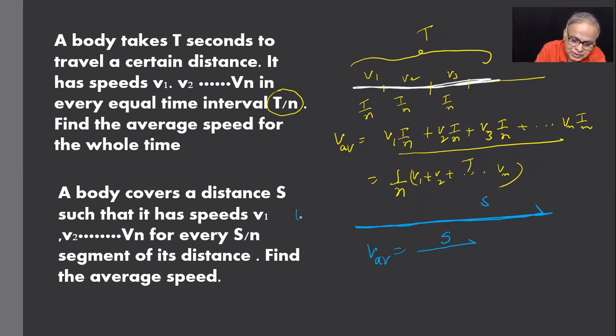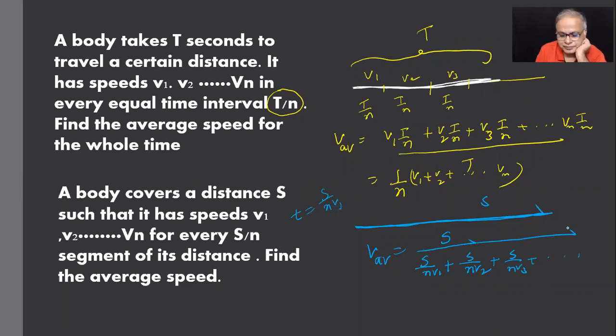See, t equals distance by speed. So s by n by v1. Alright, did we not do previously x by 2 v1 like that? Yes, sir. Same thing, no? So s by n v1 plus s by n v2 plus s by n v3 plus so on.